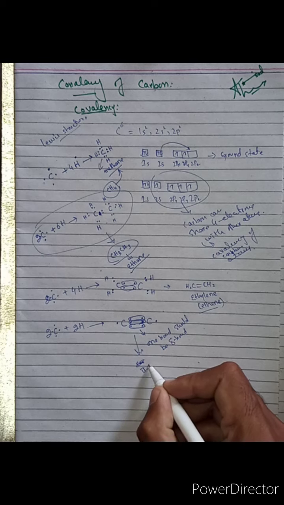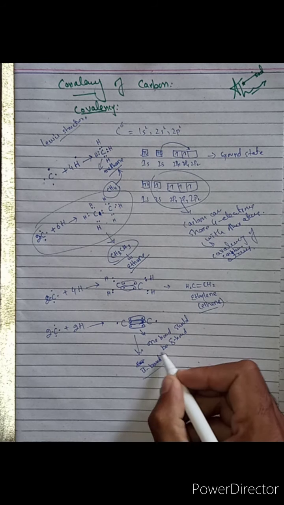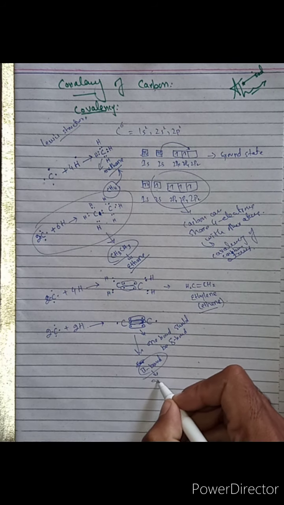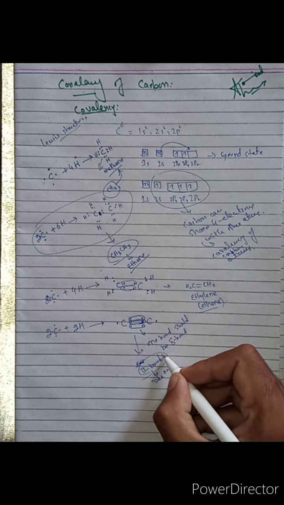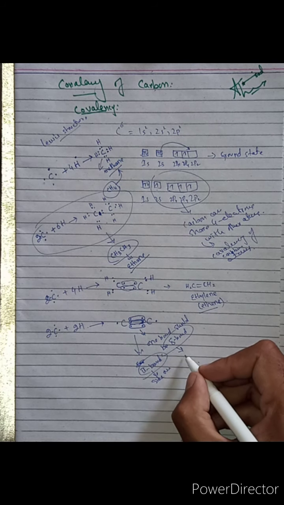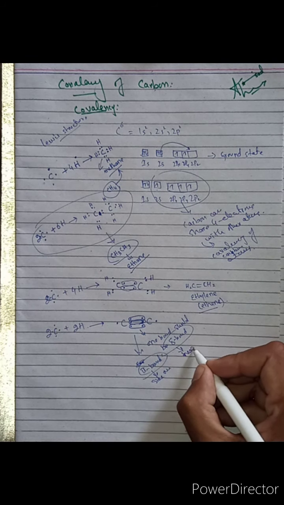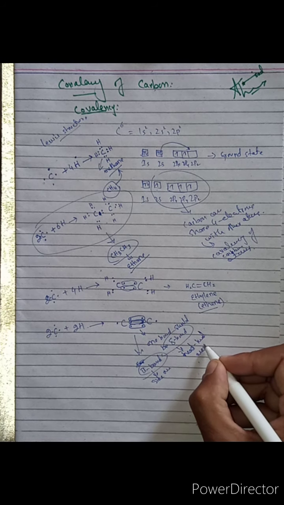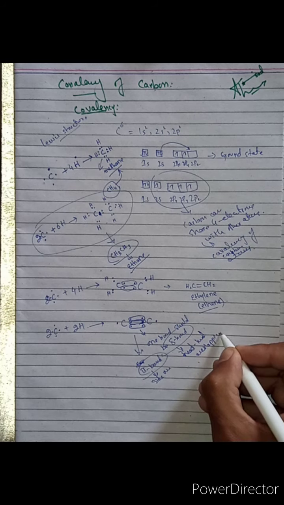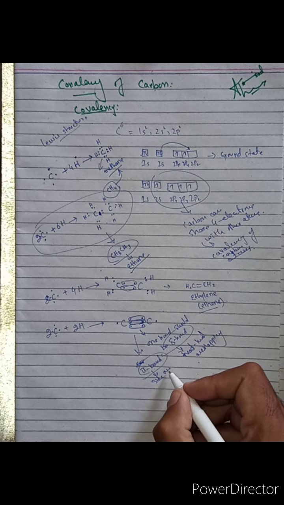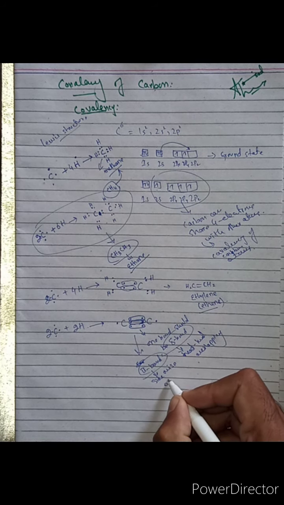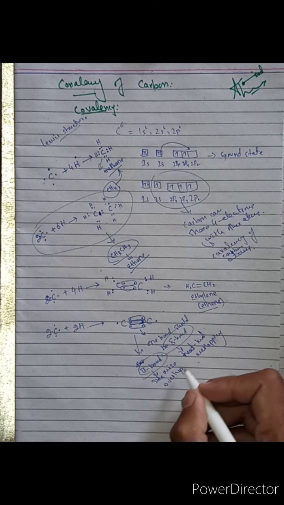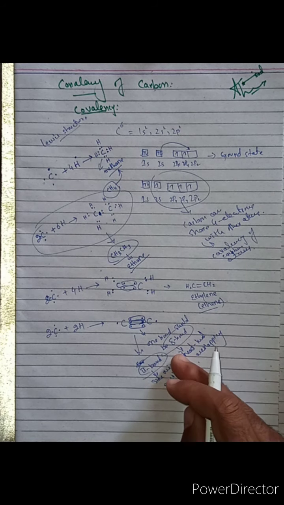A pi bond forms by sidewise overlapping, and a sigma bond forms by head to head overlapping. Sidewise overlapping is called pi bond, and head to head overlapping is called sigma bond.